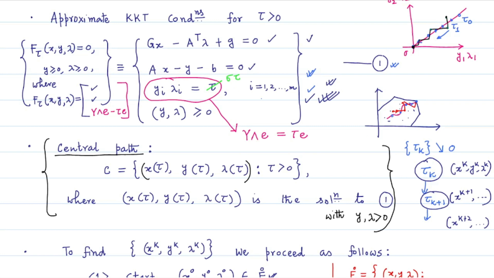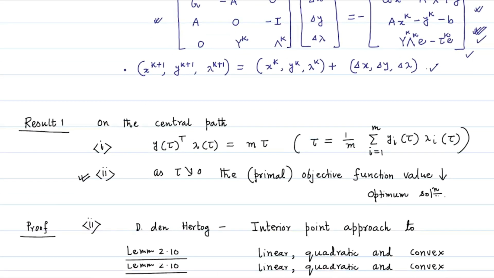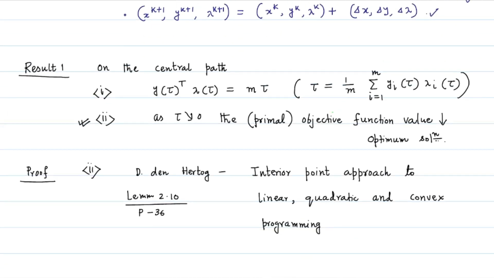That means instead of tau k, we take sigma k tau k, where tau k is measured by this theorem, that you consider the value of tau k to be this expression at the current iterate, and then multiply this tau k by sigma k, and sigma k is now at your hand. You control sigma k, you degrade it so that sigma k times tau k tends to 0 as k progresses. Now you might ask, then how to choose the values of sigma k?